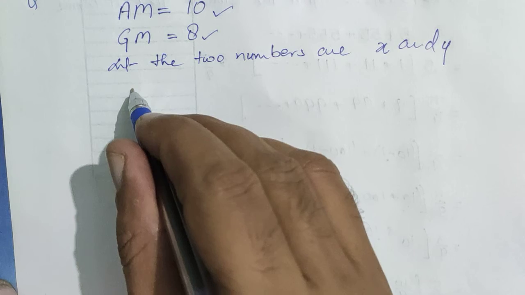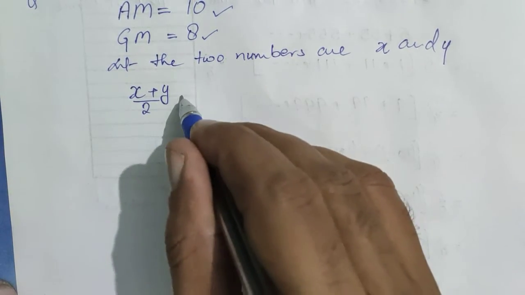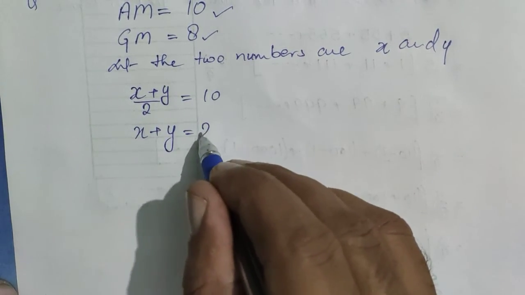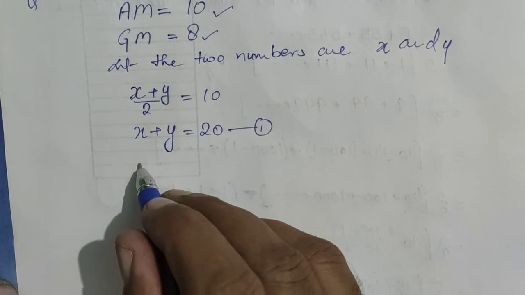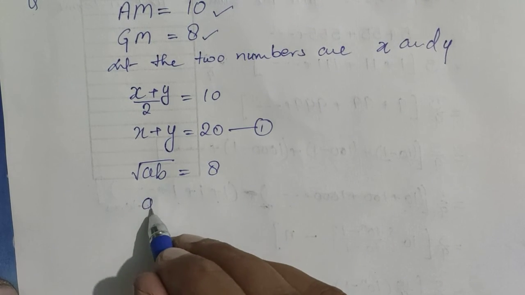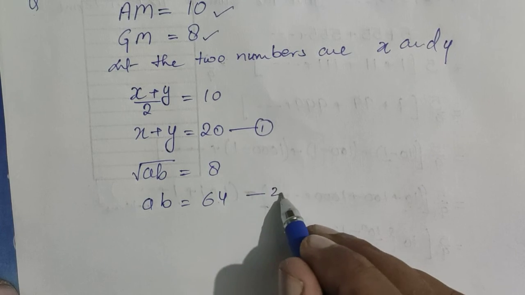Arithmetic mean between two numbers means x plus y by 2 equals 10, or x plus y equals 20, equation 1. Now geometric mean means square root of xy equals 8. So xy equals 64. This one is equation 2.